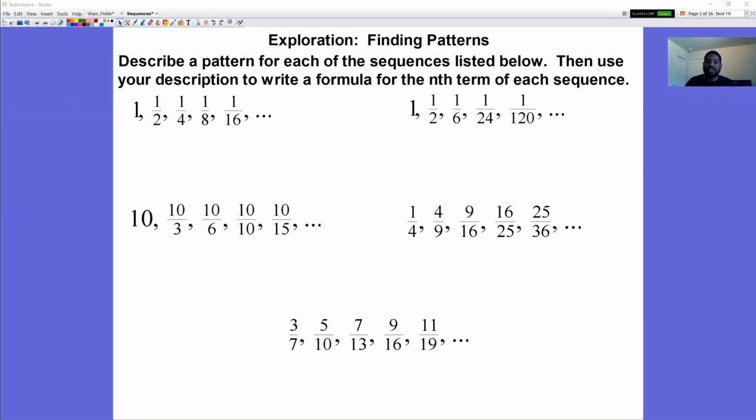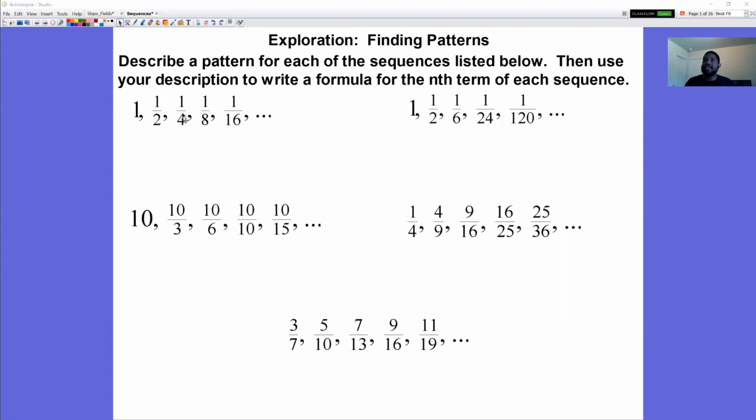Of course, when you first look at something like this pattern, for example, this one is very easy to identify because to get from the first term to the second term, you multiply by 1/2, and then the second to the third term, you also multiply by 1/2.